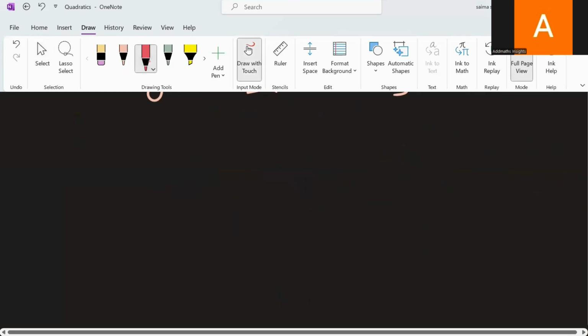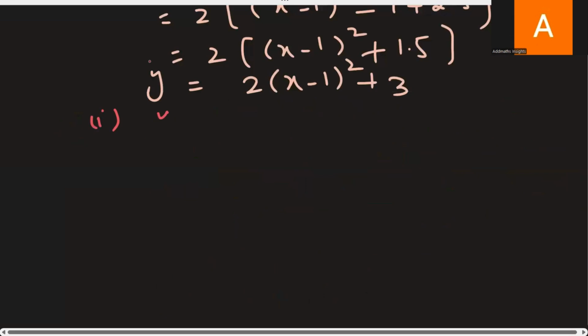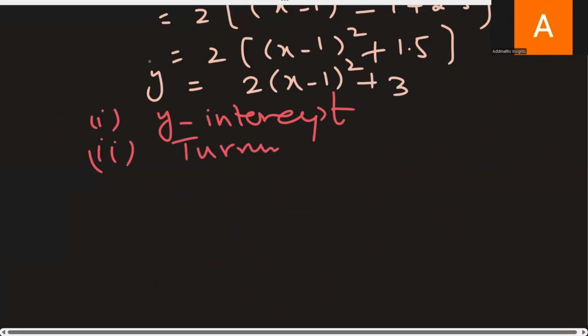One, you need the y-intercept, whereas when you do factorization, you just need x-intercepts. And secondly, you need a turning point. So these two are required.